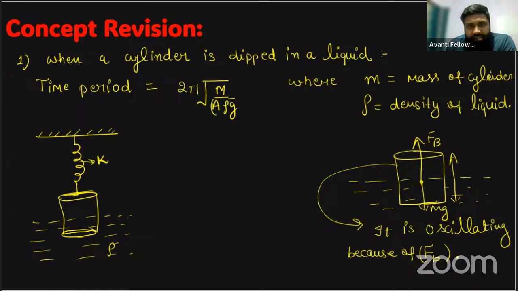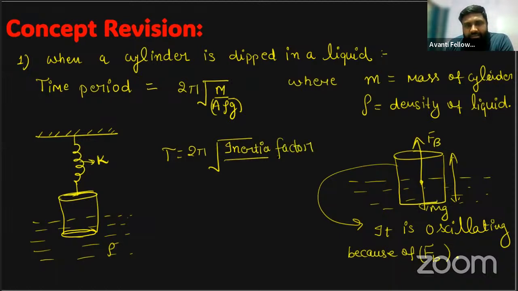In the case of the oscillating cylinder in liquid, this A rho g is the effective spring constant. I have already told you in the previous session that time period is given by 2 pi, with the inertia factor in the numerator and the spring factor, or the elastic factor, in the bottom.